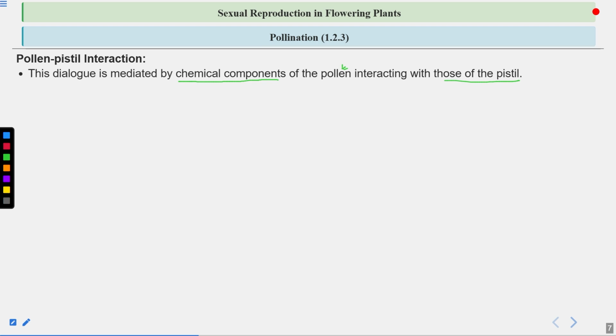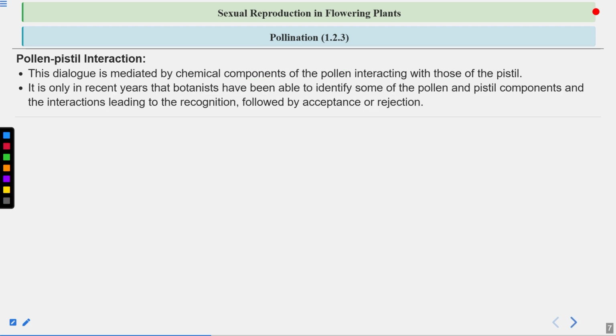So here again we are talking about the same thing, that the dialogue is mediated by the chemical component released by the pollen and also by the pistil. It is only in recent years that botanists have been able to identify some of the pollen and pistil components and the interaction leading to recognition, followed by acceptance or rejection.